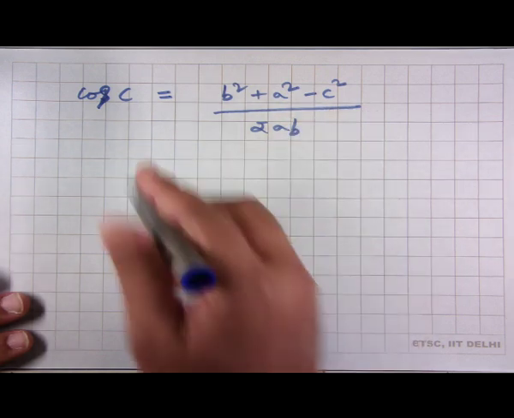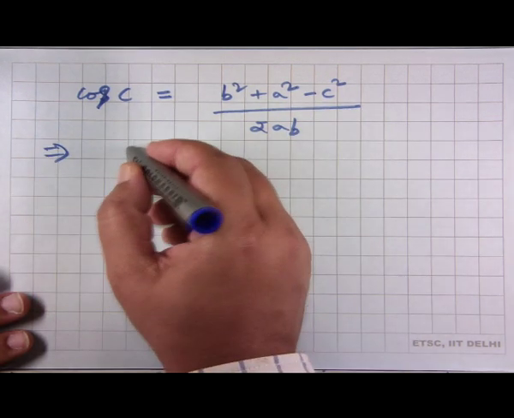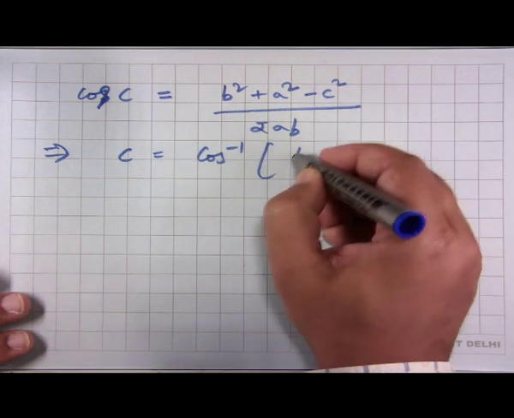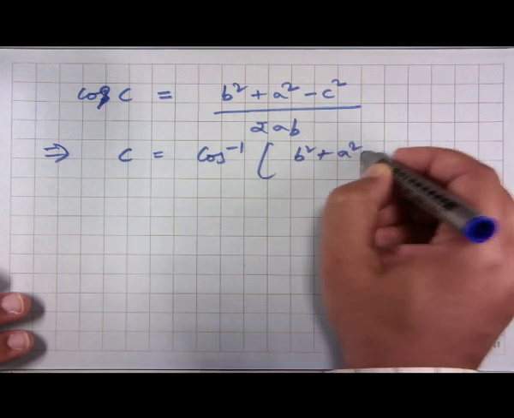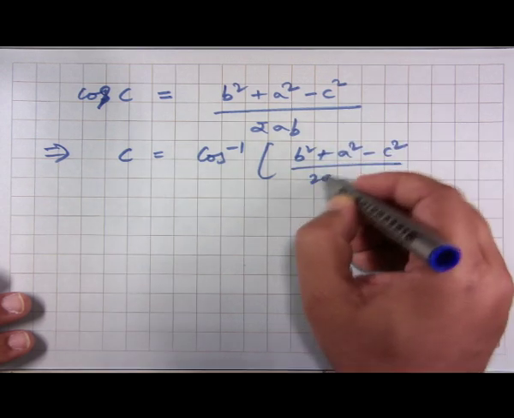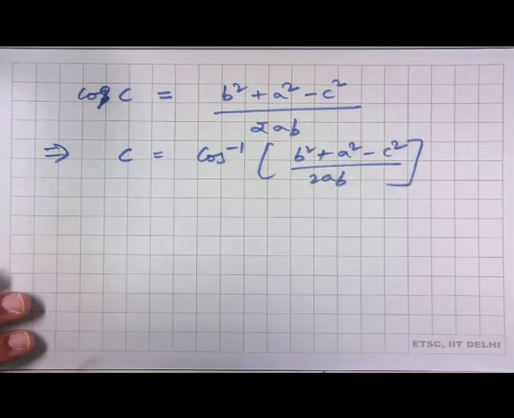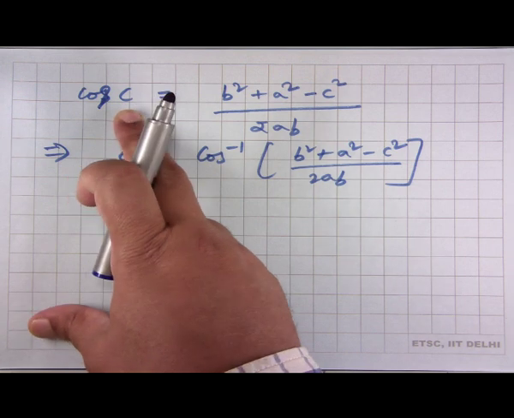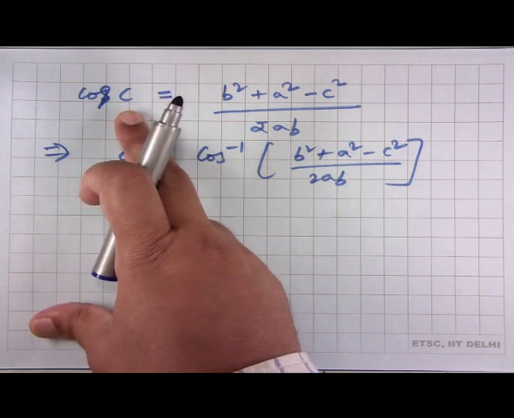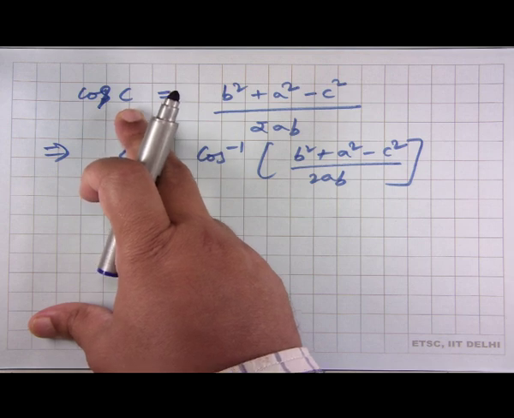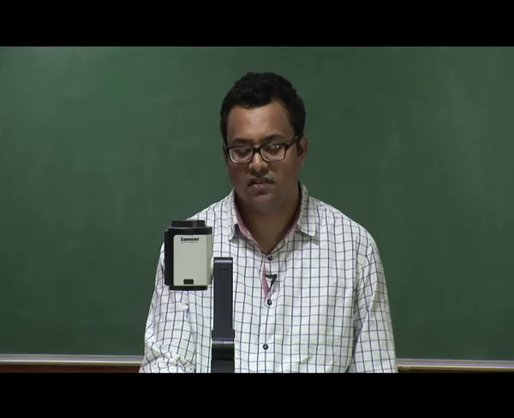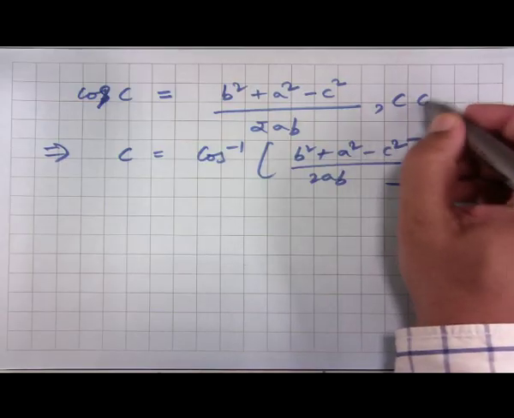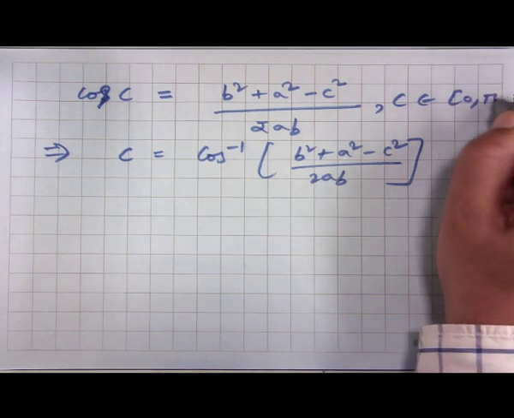value, then it is implied that C is exactly equal to cos inverse of (b square plus a square minus c square) over 2ab. This is because the angle C is one of the three angles of the triangle, and therefore it is sure that this C has to belong to 0 to pi.